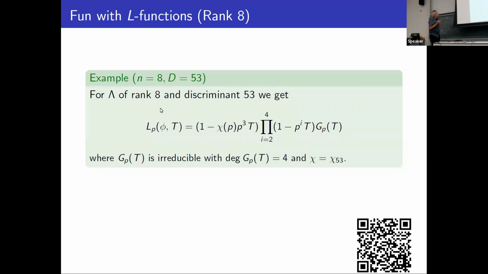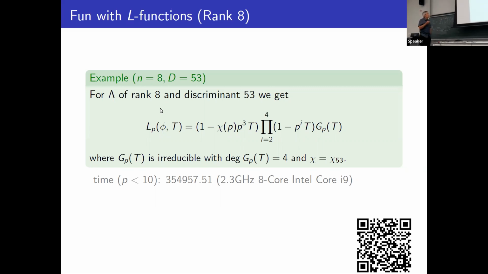Okay. What do we do with it? Well, first of all, I'll tell you that this already takes much longer, even for primes up to 10. And the reasons will become obvious very soon when I talk about the algorithm. Yes, but what is this polynomial of degree 4 and where does it come from? What is the automorphic object it corresponds to?